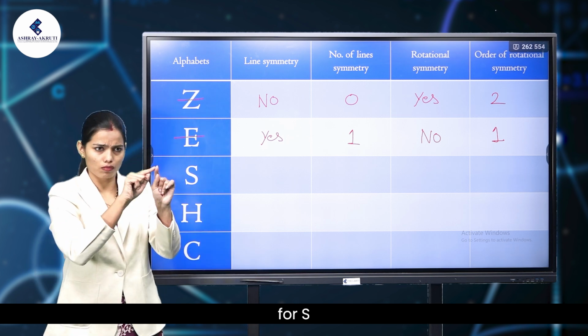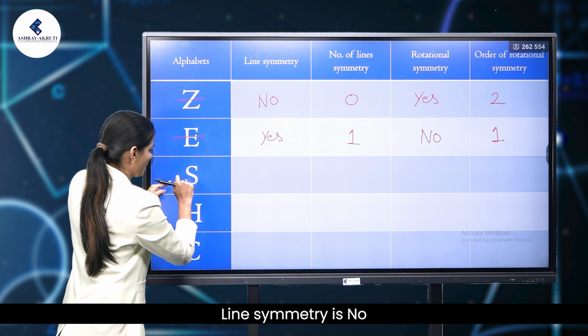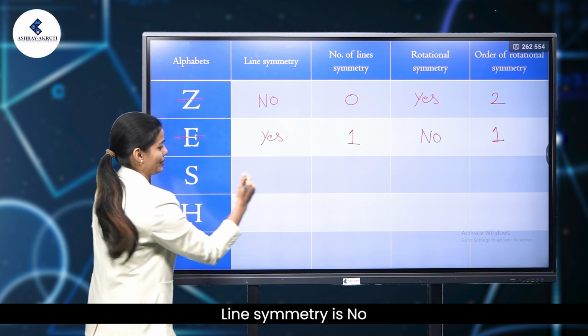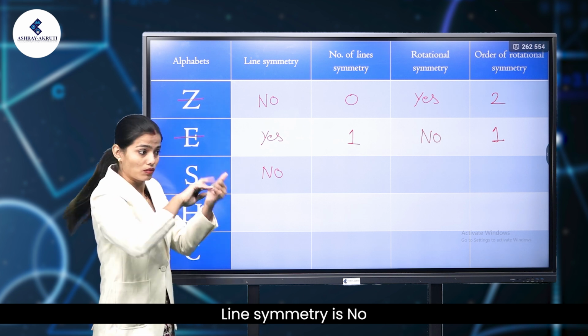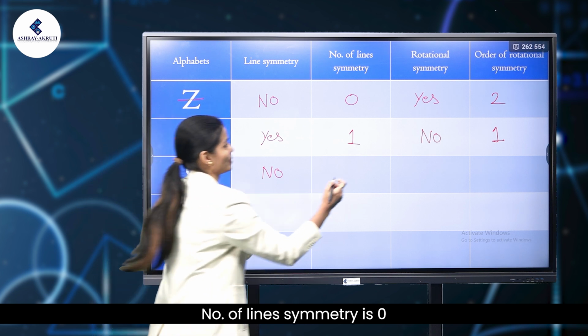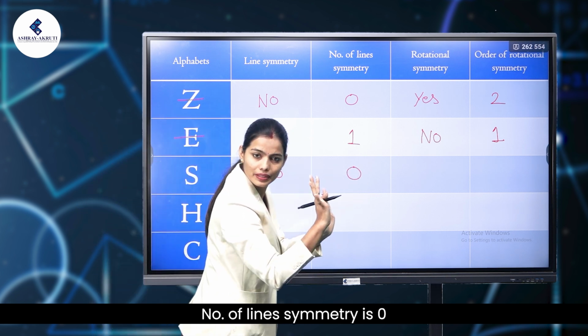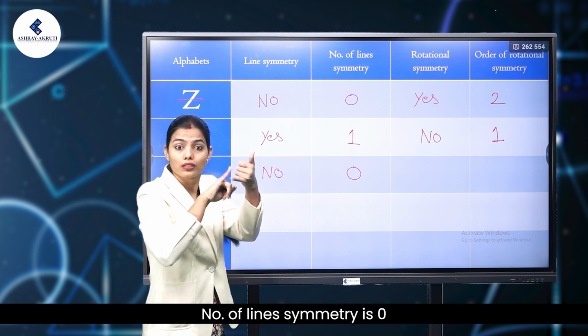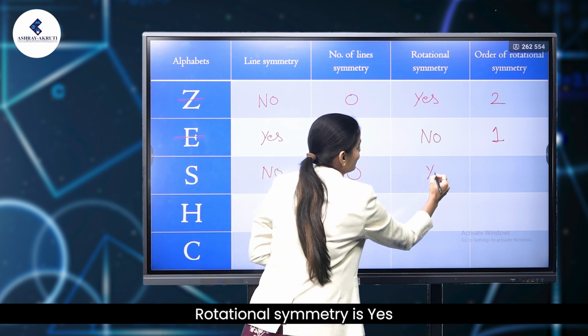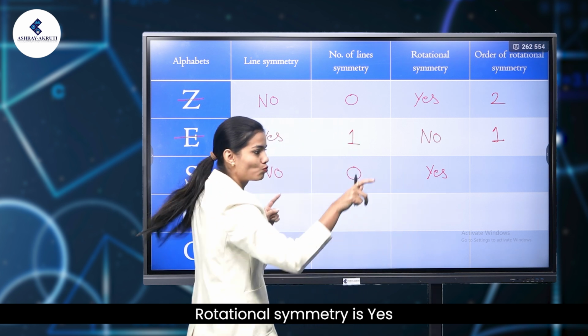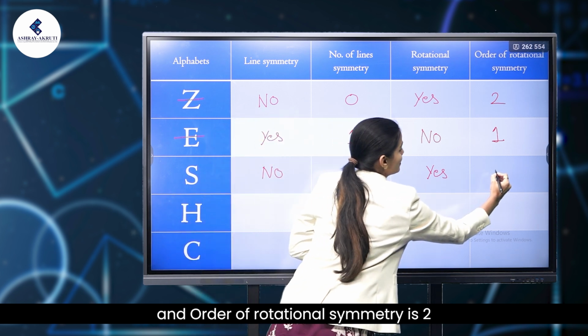For S, line symmetry is no, number of lines of symmetry is 0, rotational symmetry is yes, and order of rotational symmetry is 2.